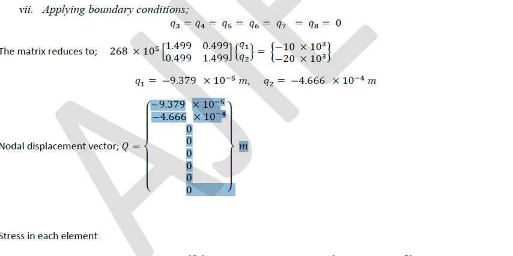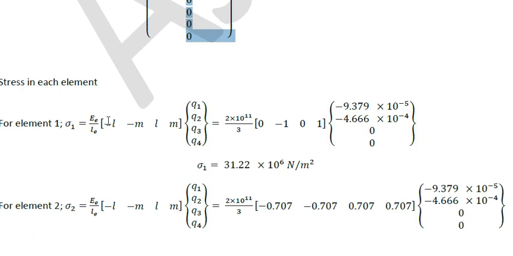See, the question continues to ask to find out the stresses also. Stress in truss member is given by E by L into minus L, minus M, L, M, times Q1, Q2, Q3, Q4 for the first element.